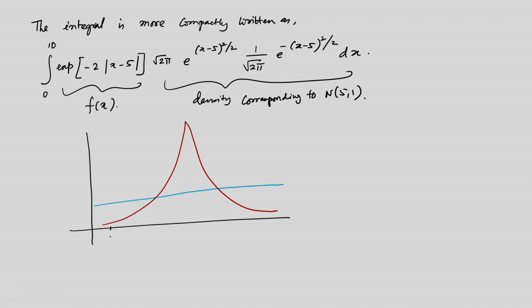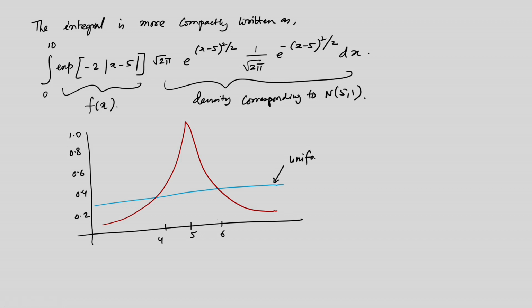So, this is 5, this is say 6 and this is say 4 and so on, and this axis is 0.2, 0.4, 0.6, 0.8 and 1, normalized. This corresponds to the uniform sampling, and this corresponds to the importance sampling.